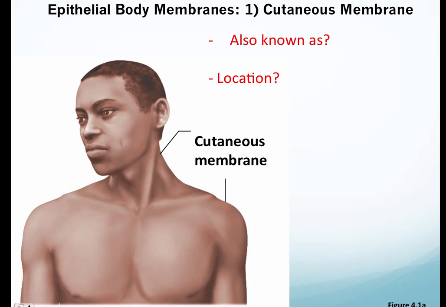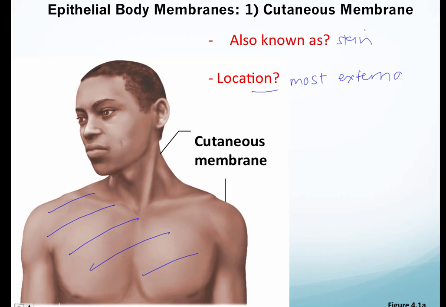Now let's start off by looking at this first epithelial body membrane being the cutaneous membrane. And if we look at it here, what do we know this as? Good, it's also known as skin. Where is it located? It's the most external body covering.